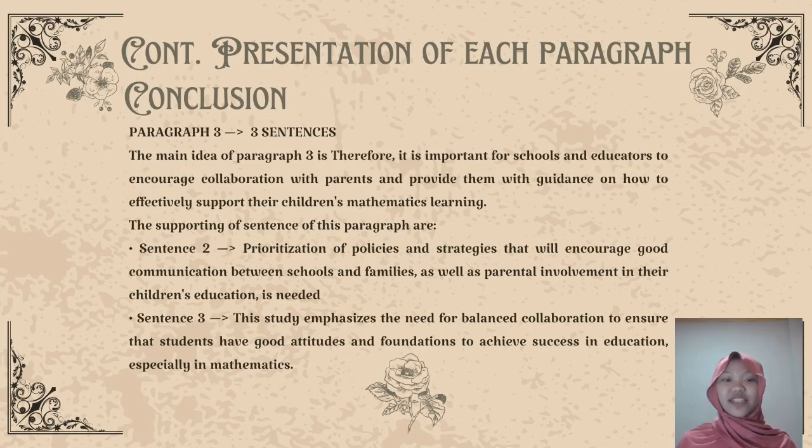The supporting sentences of this paragraph are: sentence 2 contains that prioritization of policies and strategies that will encourage good communication between schools and families, as well as parental involvement in their children's education, is needed. Sentence 3 contains: this study emphasizes the need for balanced collaboration to ensure that the students have good attitudes and a foundation to achieve success in education, especially in mathematics.